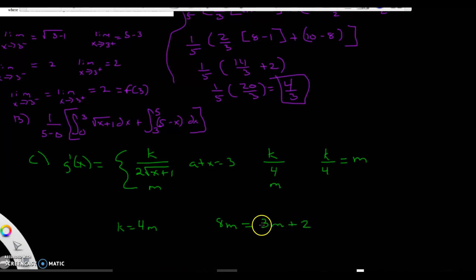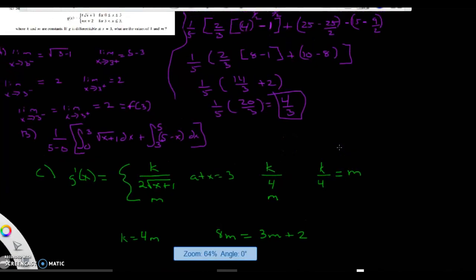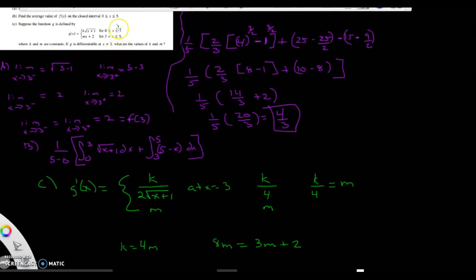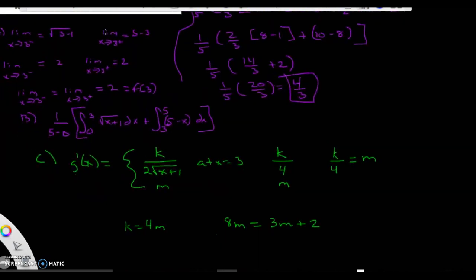I'm plugging it back into the original function that was given to us, g of x. What I did over here is I took this and plugged in 3, and that's how I get 3 plus 1 is 4. The root of 4 is 2, 2 times 4m is 8m, and then I took the 3 and plugged it into here. I'll keep the cursor on so you can find it. 5m equals 2. m equals 2/5.